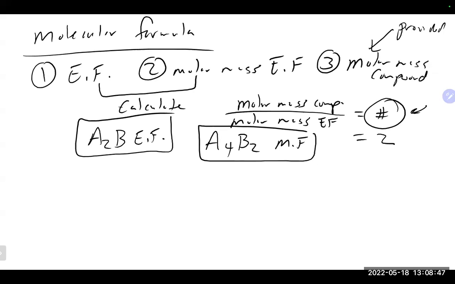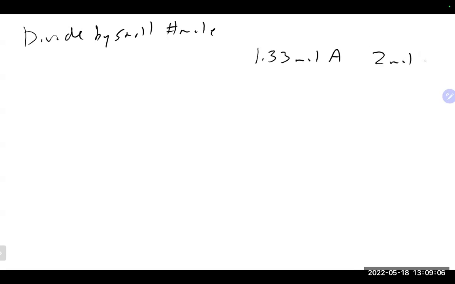Yeah, so that's what I was saying. You have to multiply by a factor. So if you did the step where you divided everybody by the smallest number of moles, and let's say in my example we ended up with 1.33 moles of A and 2 moles of B, that would give us an empirical formula of A1.33B2. This is not good because they need to be whole numbers.